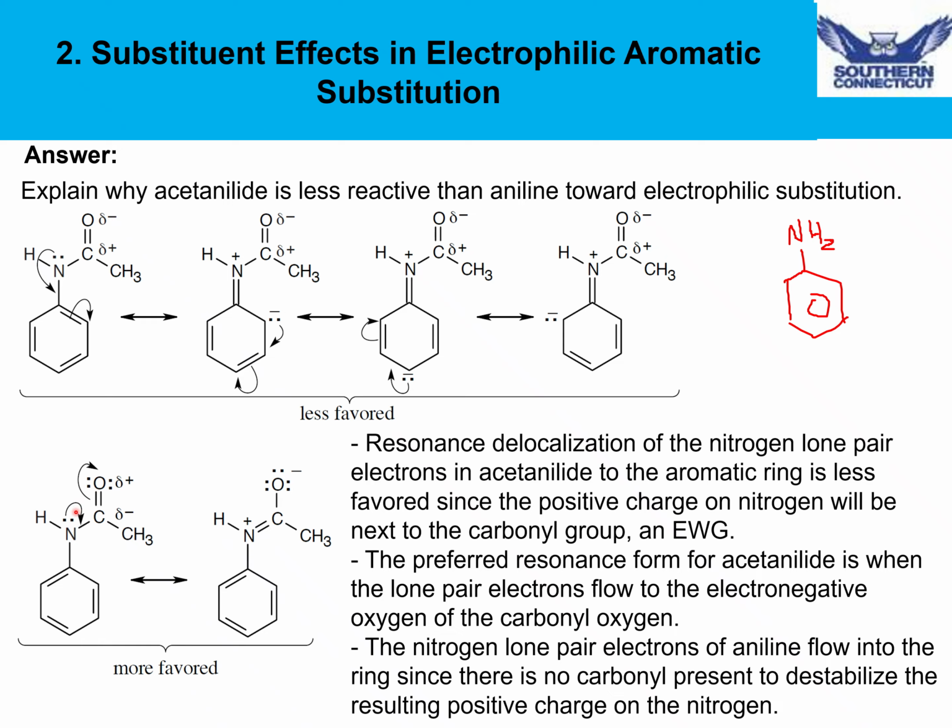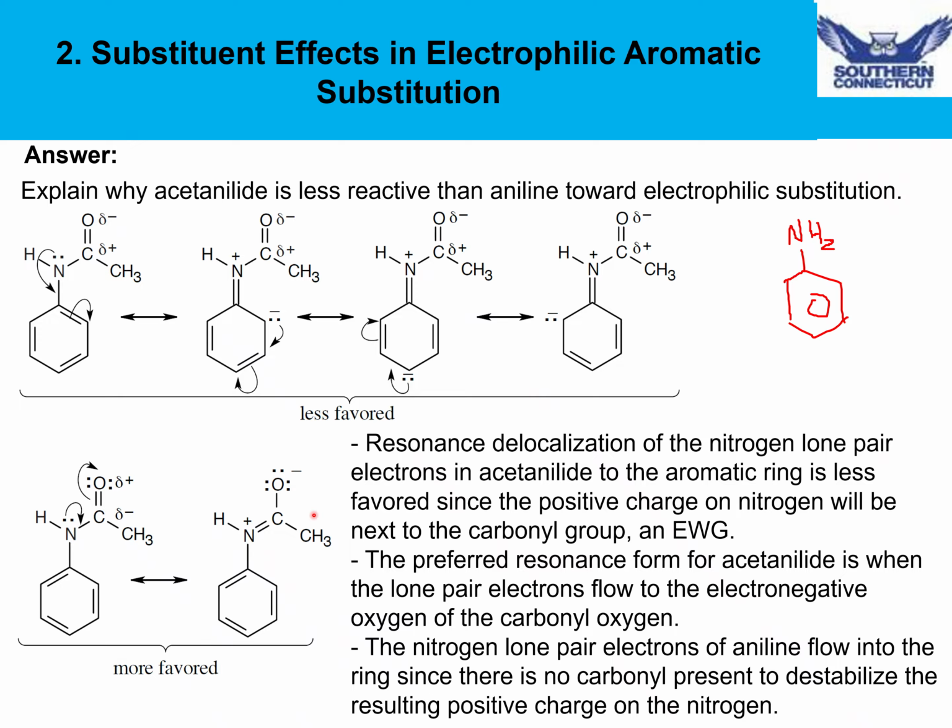The difference is that the lone pair on the nitrogen of acetanilide is actually also tied up in resonance with the carbonyl of the amide. So we can draw another resonance structure which involves moving the electrons towards the carbonyl to create this other resonance structure. We wouldn't do this with the aniline.